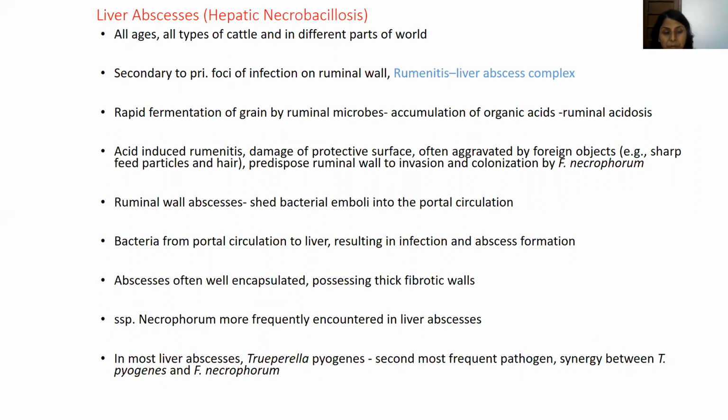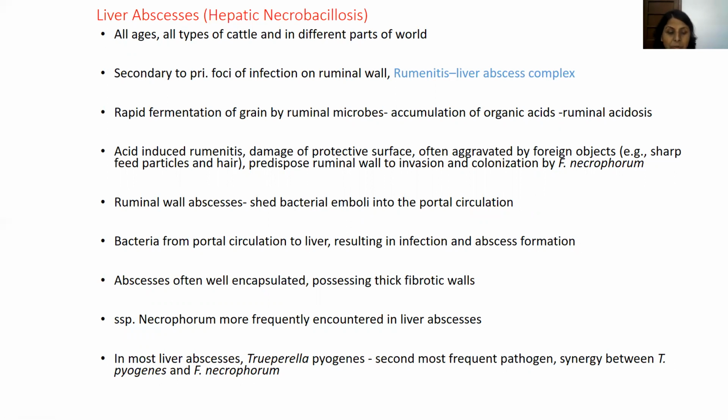When acid-induced ruminitis is present, it damages the protective surface, and this condition can be aggravated by foreign objects like sharp feed particles and hair. This predisposes the ruminal wall to invasion and colonization by Fusobacterium necrophorum. So a ruminal wall abscess results, and it sheds bacterial emboli into the portal circulation. The bacteria from the portal circulation go to the liver and result in infection and abscess formation.